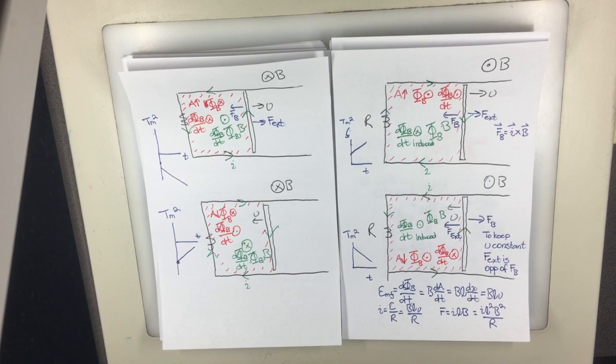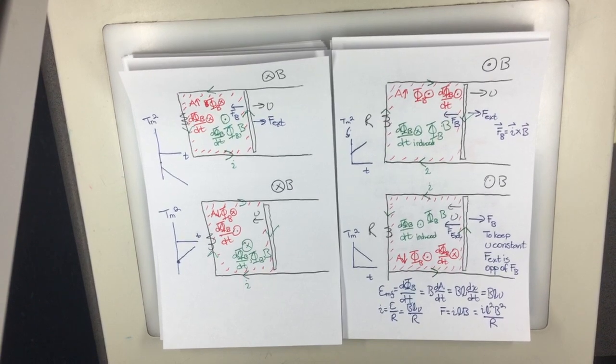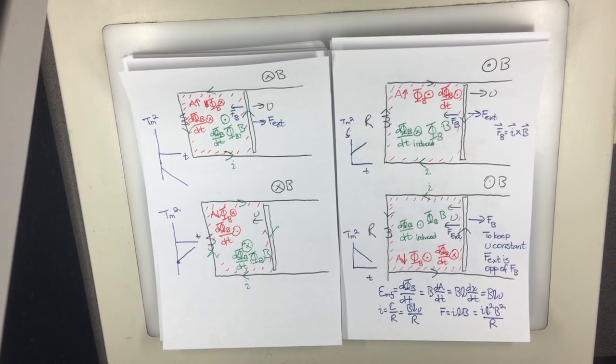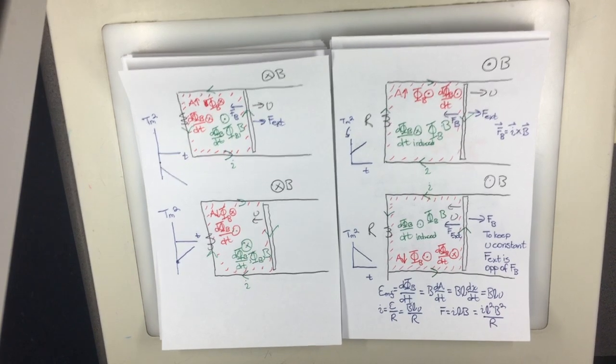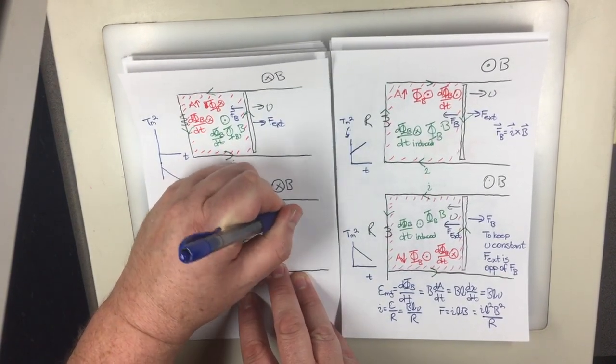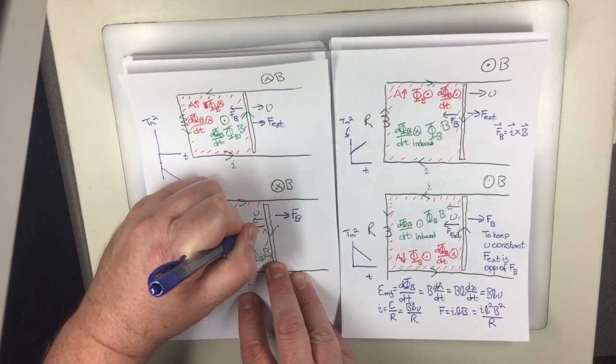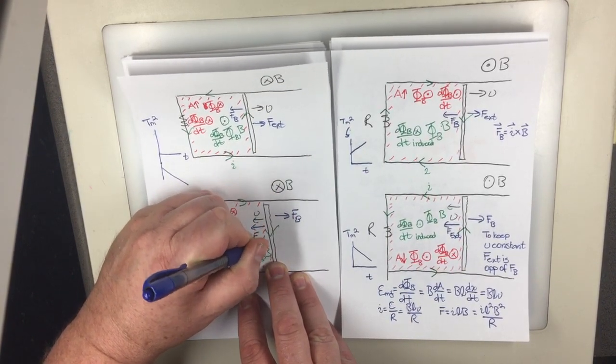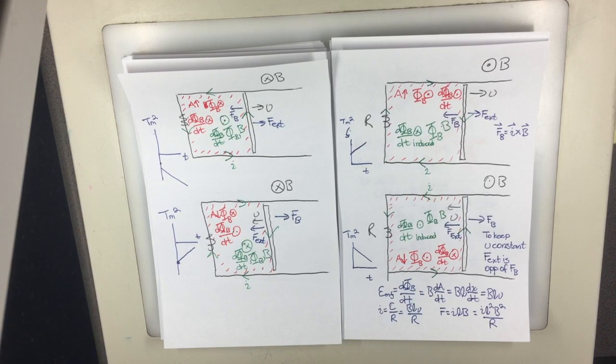On the bottom one, the current is down towards the floor. The B field is into the page, so the thumb points in that particular direction. The B force is to the right, which means to keep the velocity constant, the external force is to the left.